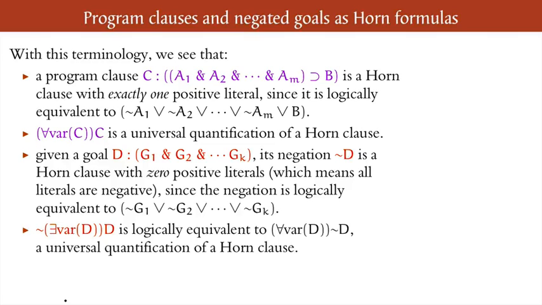Now, it is the negation of the goal that is relevant here because Prolog, like the proof tree method, is a refutation approach that starts by supposing the logic program P is true while the goal G is false, and then seeks to derive a contradiction. So in the end, the class of formulas that need to be handled are all universal quantifications of horn clauses.